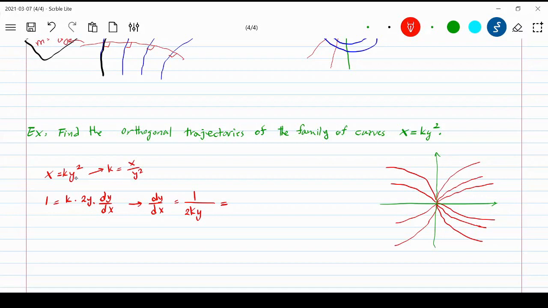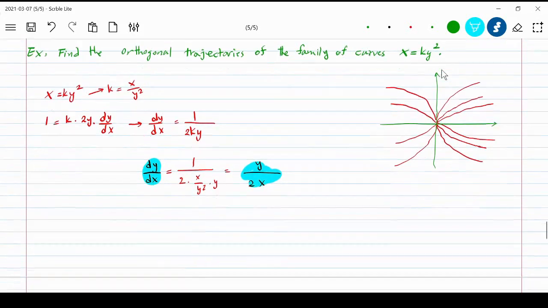You can replace k with x divided by y squared in this equation, and I can say dy over dx would be simply 1 divided by 2 times x divided by y squared, multiplied by y, which simplifies to 1 divided by 2x over y. You can move this y to the numerator, so it would be y divided by 2x. So I found dy over dx turns out to be y divided by 2x. This is for the red curves, for the parabolas.